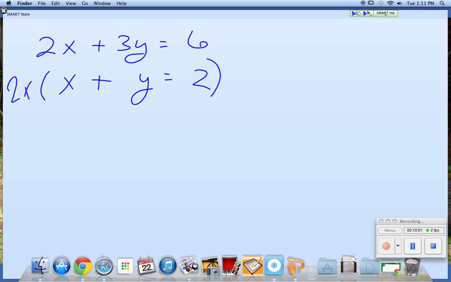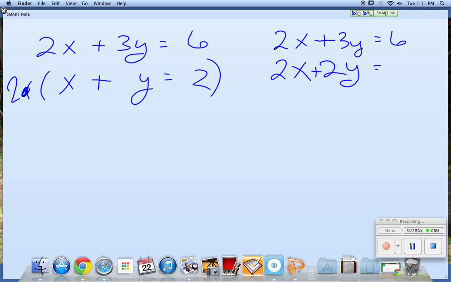All right? And here's how it looks. I'm going to write my top equation again. 3y equals 6. And the bottom one is going to be 2 times, actually I should probably go like this, 2 times x, which is 2x, 2 times y, which is 2y, there's a plus in there, and then 2 times this, which is 4.